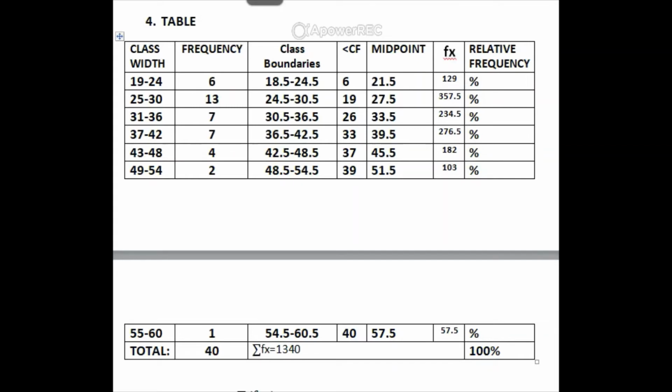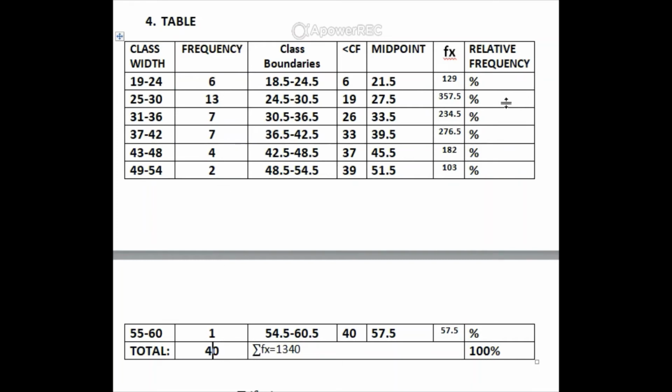Ang last column natin ay ang relative frequency. Paano ba kukunin ang relative frequency? Makukuha ang relative frequency by dividing the first frequency to its total frequency. So, 6 divided by 40.